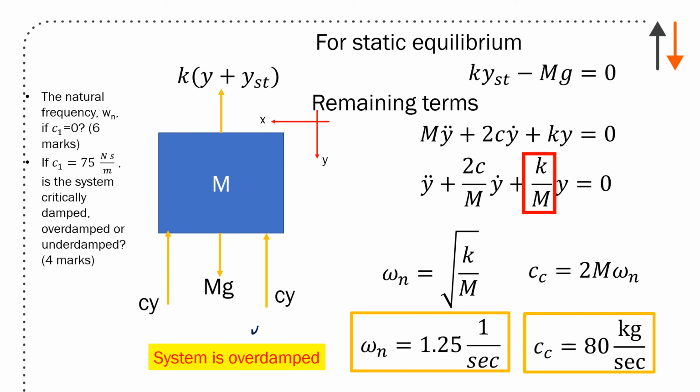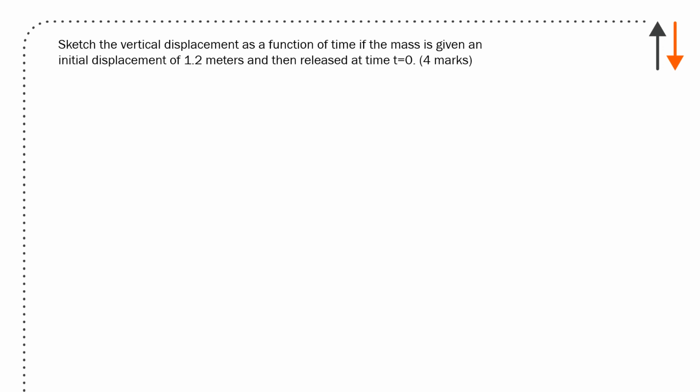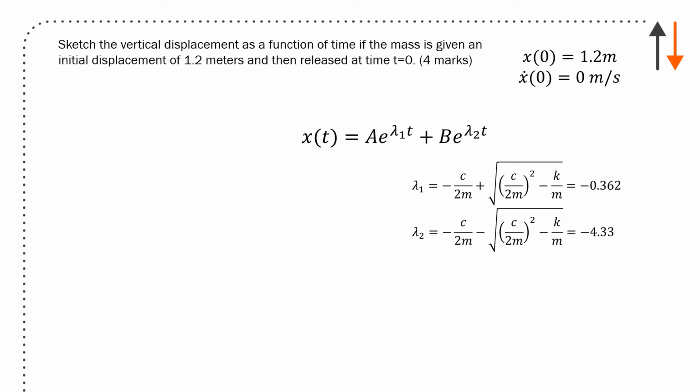Again, looking at the coordinate system, I've defined positive downward. So I've given two points. x at 0 is 1.2 meters. x dot equals 0 meters per second. I have a solution that takes the form for overdamped A e to the lambda 1 t plus B e to the lambda 2 t. Solve through using the definitions in the book.